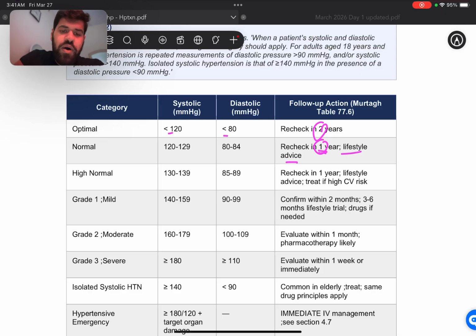Now high normal is 130 to 139 and 85 to 89. Recheck in 1 year, lifestyle advice, and treat if high severe risk. So if they have any risk factors that give them cardiovascular diseases later in life, then we treat this hypertension as well.